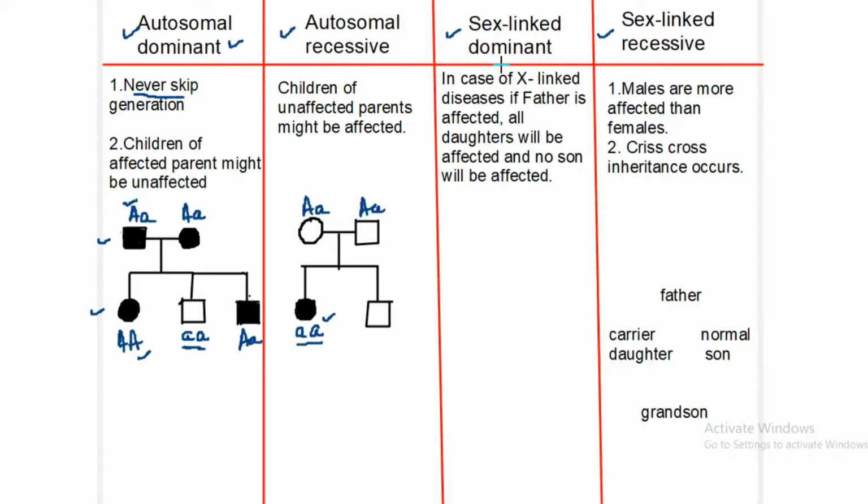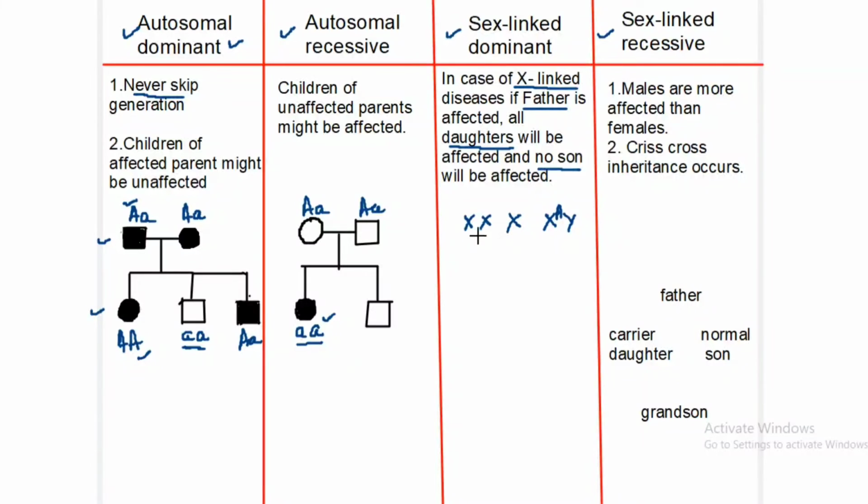Third one is sex-linked. Here we are taking the case of X-linked for now. In case of an X-linked disease, if the father is affected, then all the daughters will be affected and no sons will be affected. How? Let us see an example. Let us consider this is the mother containing normal X chromosomes, and there is a cross between this mother and a father who contains one affected X chromosome and one Y chromosome.